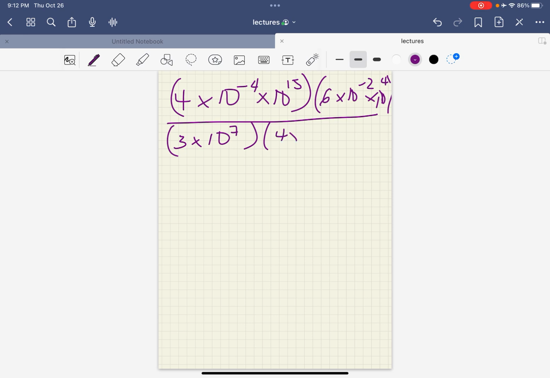And 4 times 10 to the 2 times 10 to the -21. Okay. So the 4's will cancel. That looks like a 4 and it's not. It's a negative 21. Negative or positive? Hold on.